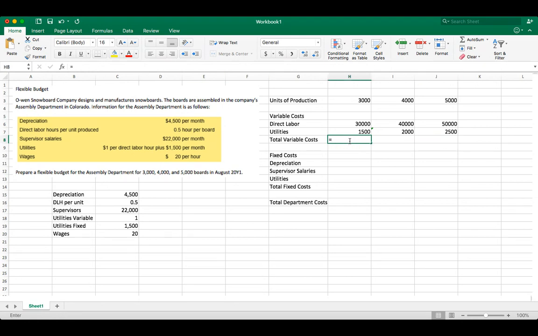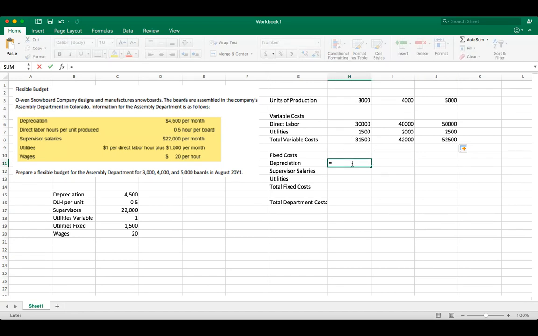So for total variable costs, it's going to equal the sum of this through this. Same thing across, and these ones should carry down correctly, and they do. So we've got total variable costs, okay? Now for fixed costs.